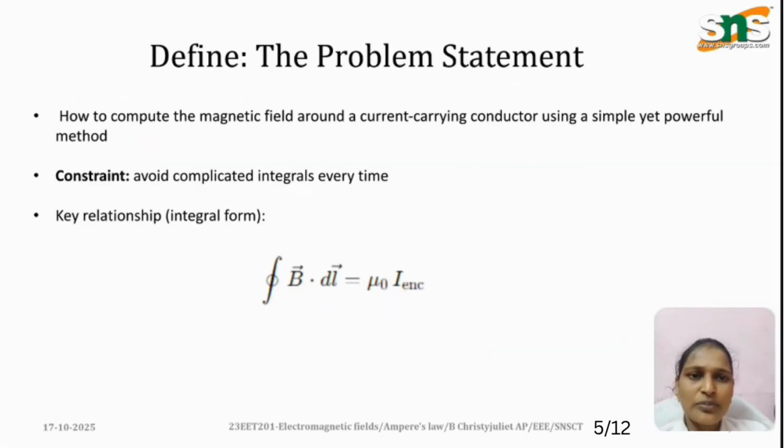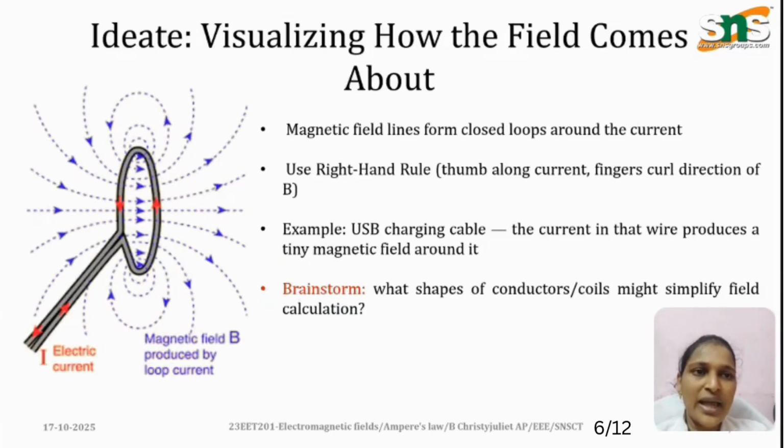So the problem statement is to compute the magnetic field around a current carrying conductor using a simple yet powerful method. We know there are different laws as we mentioned earlier, but certain ones are somewhat complicated. So we are now making it simple with the help of Ampere's law.